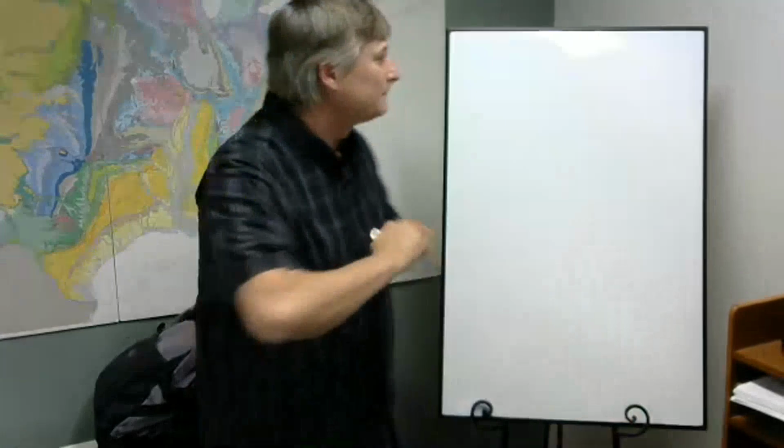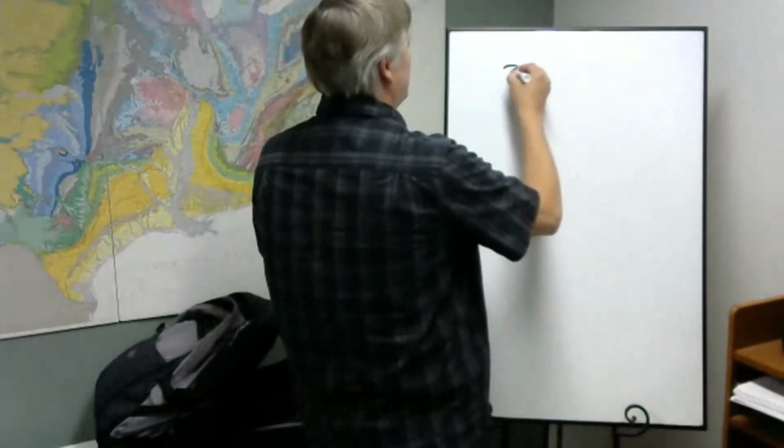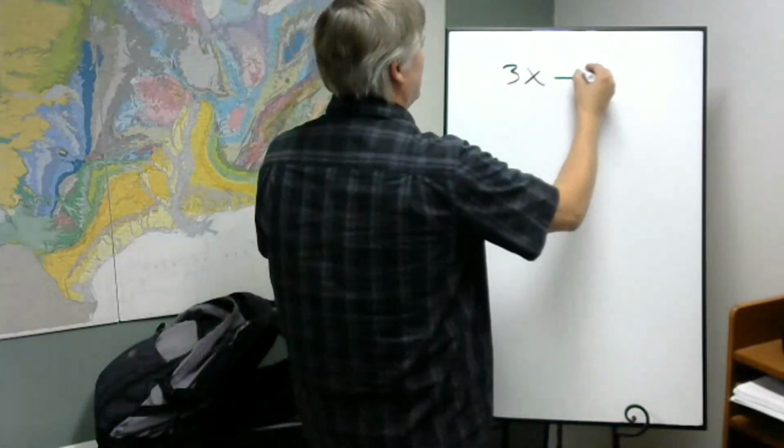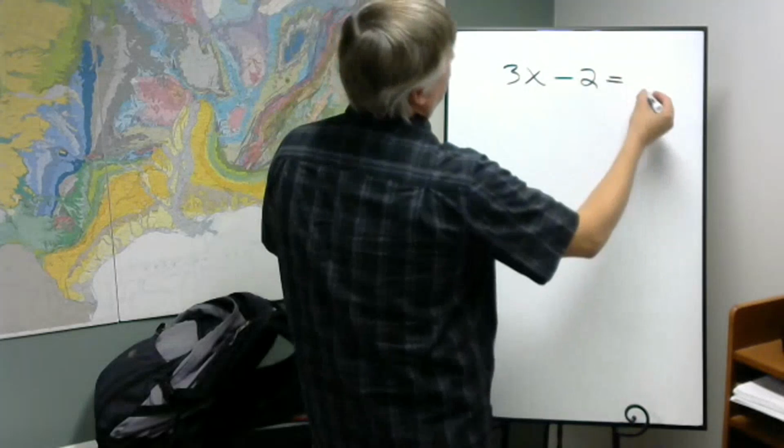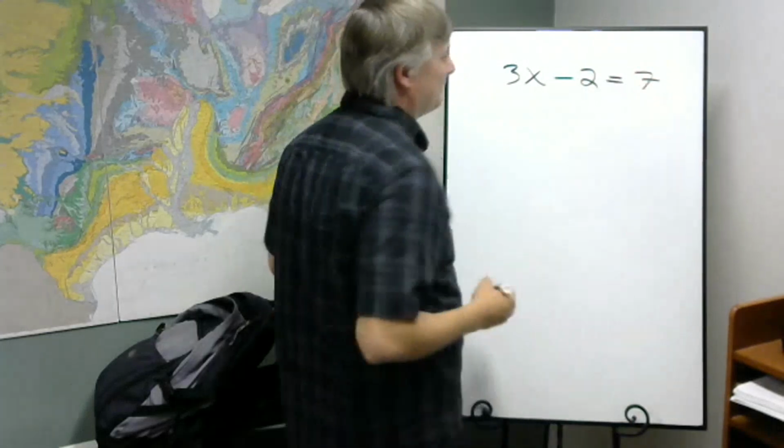We solved for x before using some certain techniques where we try to isolate x on one side of an equation, something with an equal sign. And we use cancellations, doing the opposite of what an operator does. For example, let's say we have something like this.